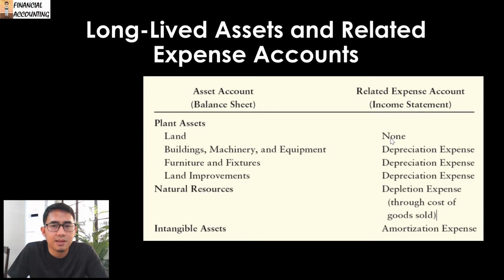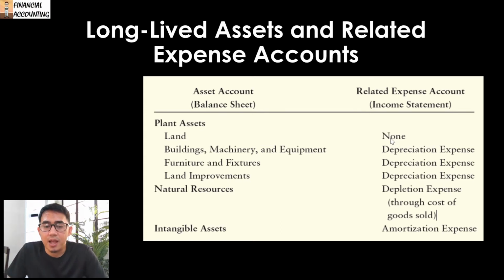Probably they would sell or develop those minerals. So every time you extract something from the natural resources, you should record depletion expense through cost of goods sold. Depending on the matter, if you are selling the items, then that would go to cost of goods sold.